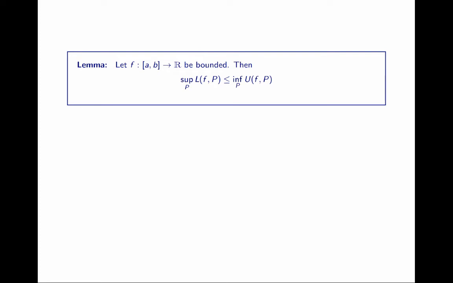Now let f map [a, b], a closed interval, to R, be bounded. Then the supremum over all lower sums is less than or equal to the infimum over all upper sums. Again, a loose way to think about this is that the largest lower sum is less than or equal to the smallest upper sum. Again, we're being a bit loose because it could be that there is no smallest upper sum, but there may be an infimum.